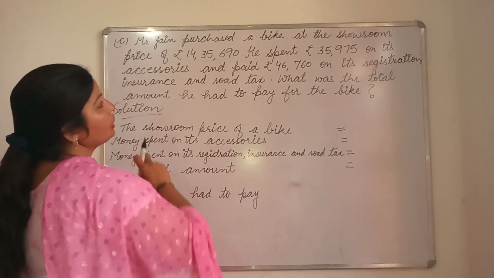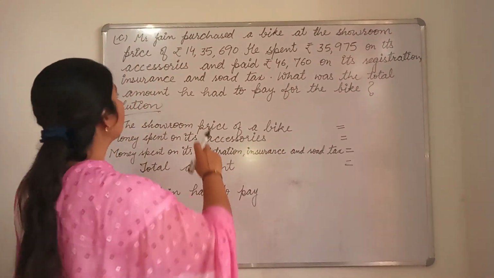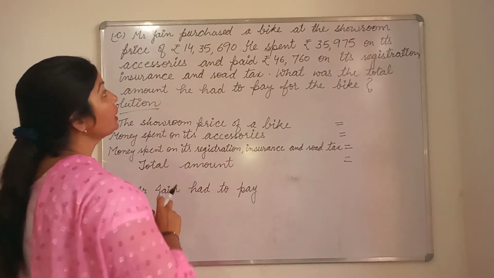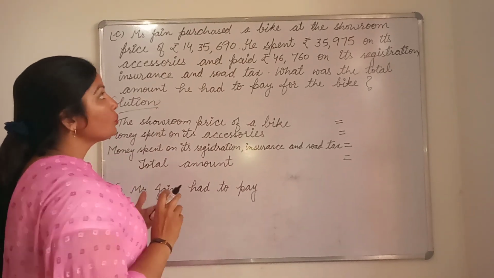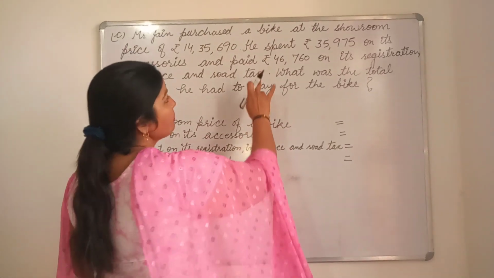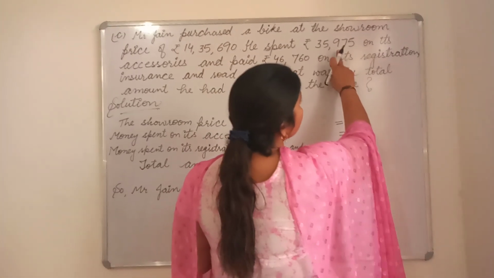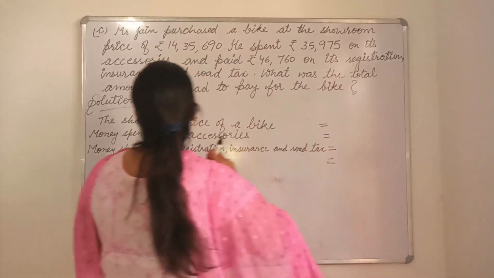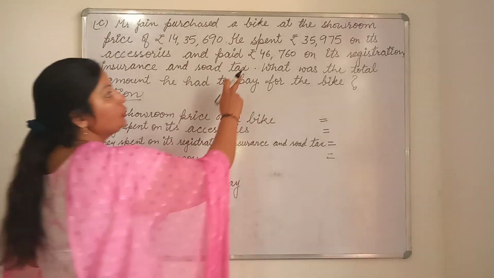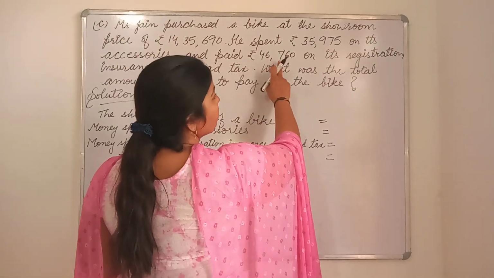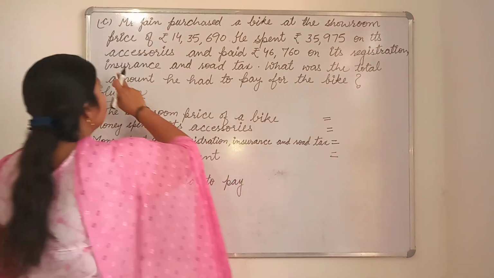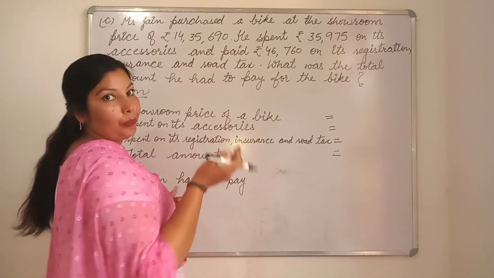Mr. Jain purchased a bike at the showroom price of rupees 14,35,690. This is the showroom rate of the bike. Then after that, he spent rupees 35,975 on its accessories and paid rupees 46,760 on its registration, insurance and road tax.